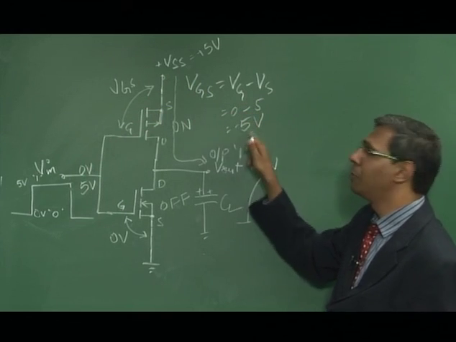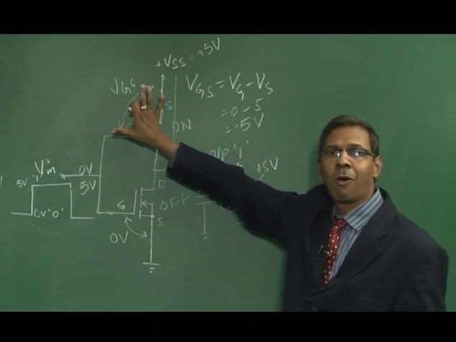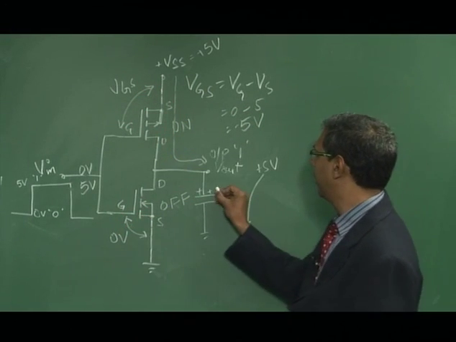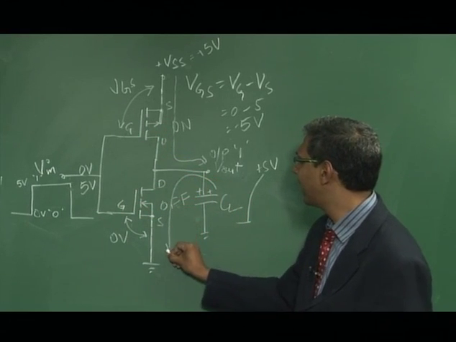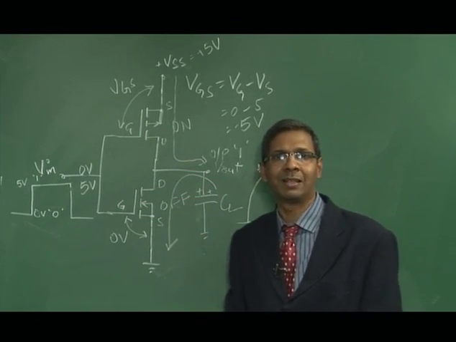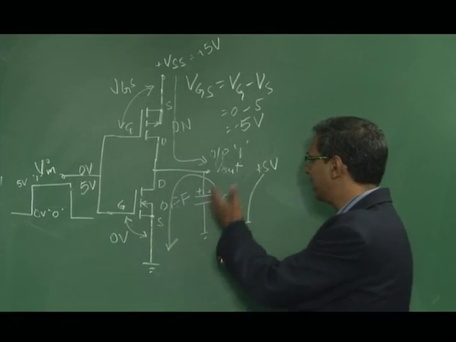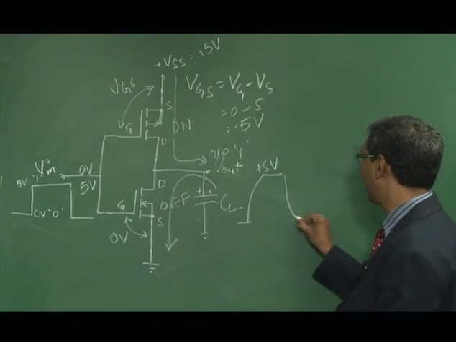So your new VGS would be 0 volts, and this device is off. So this device is off, and the NMOS is on. Then if the output voltage is high, all it has to do now is discharge through this NMOS device. So the capacitance discharges through the NMOS, ensuring that it reaches logic 0, which is 0 volts.